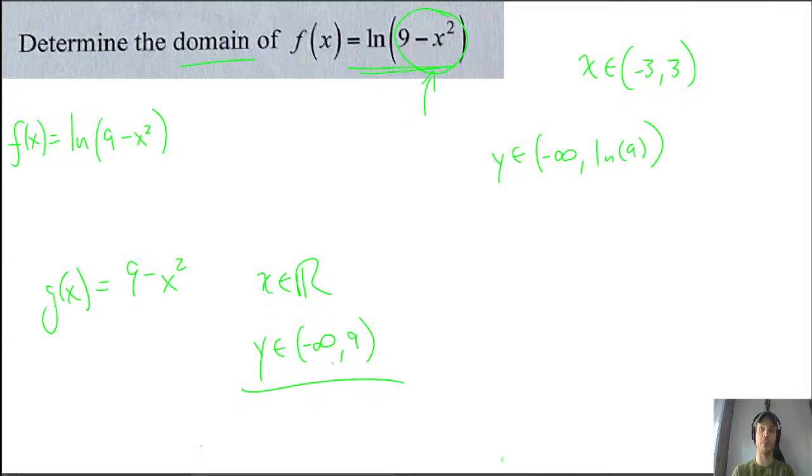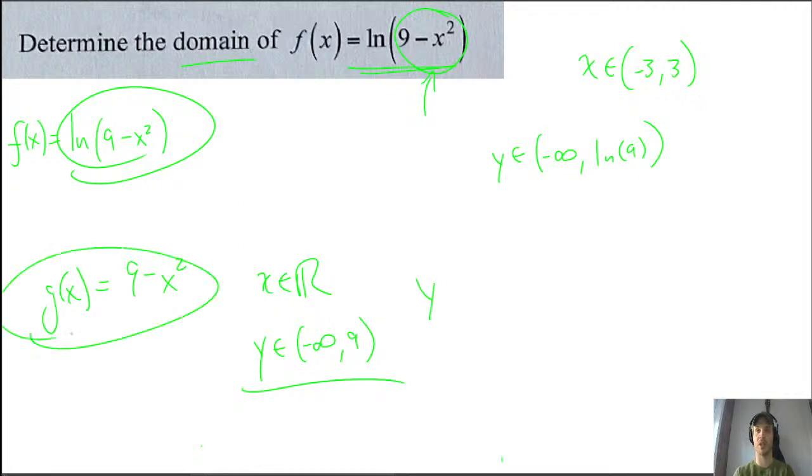Those numbers have to be positive. So we can only put y's into this log function which are positive. That's y, specifically from g of x, has to be on the interval from 0 to 9 then. So we're not going to take this entire interval, we're going to break it off to a subset.